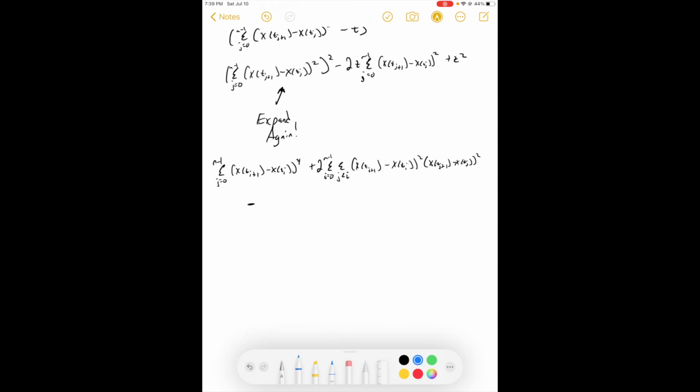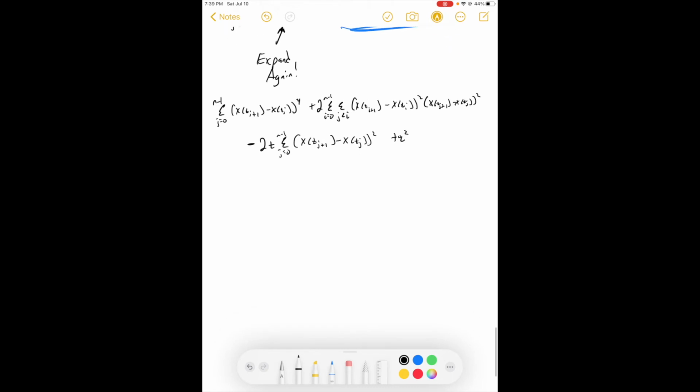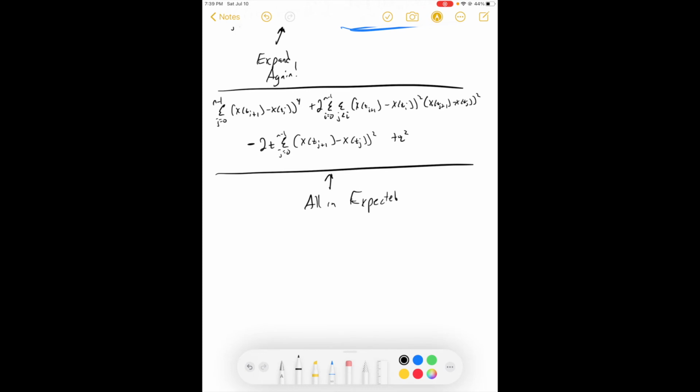Then we have this part here again: minus 2t times the sum from j equals 0 to n minus 1 of x of t sub j plus 1 minus x of t sub j, squared, plus t squared. And all of this is in the expected value.